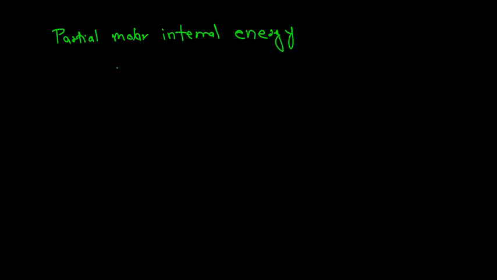I denote it as ui bar, and this will be defined as del u by del ni at constant T, P, ni star, and it is to be noted that this is not equal to mu I.